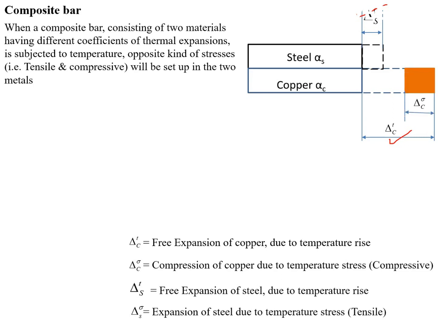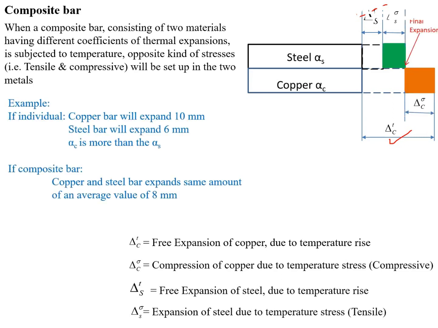For example, if individual members, copper will expand 10 mm and steel will expand 6 mm. Let us consider delta Ct is 10 mm, just as an example, and delta St is 6 mm. So delta Ct is greater than delta St, because alpha C is greater than alpha S.